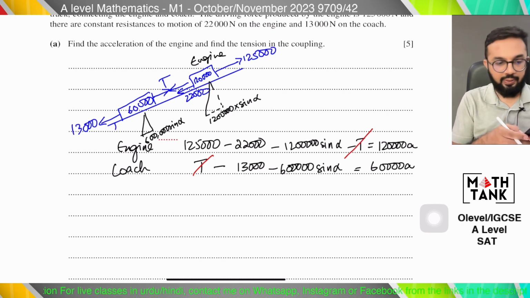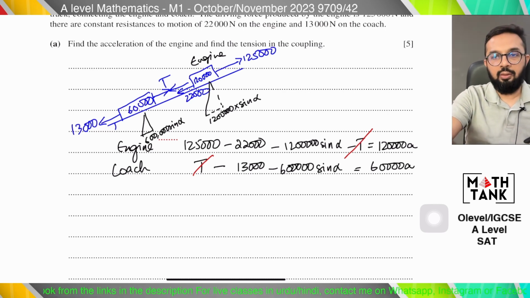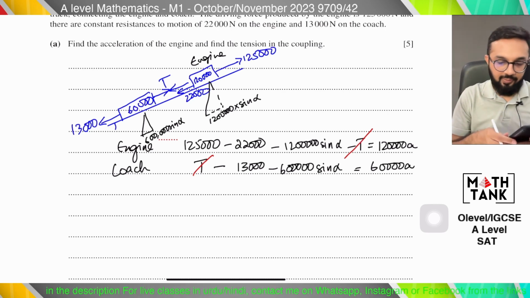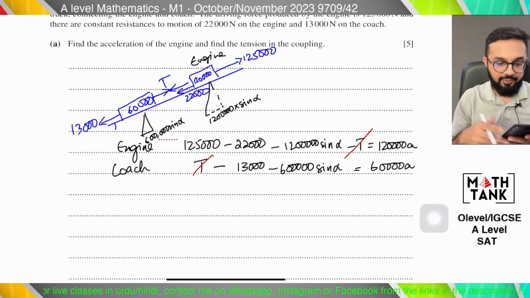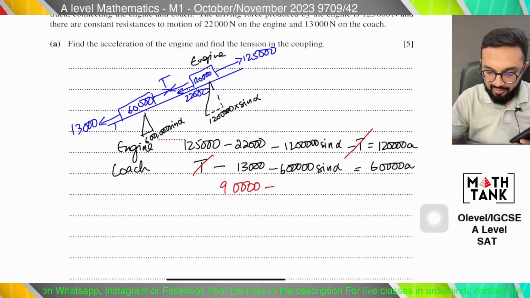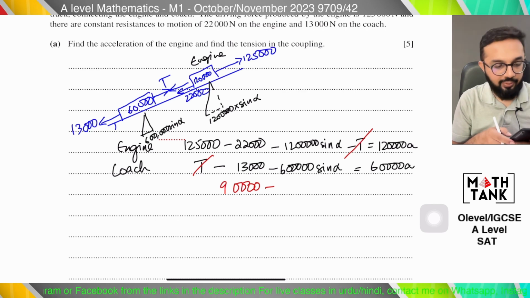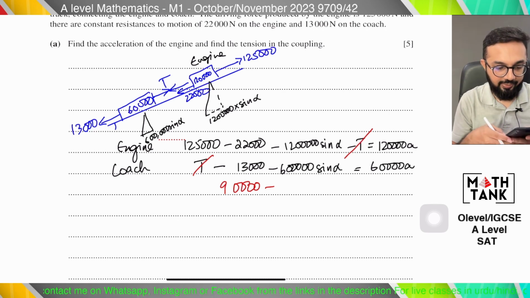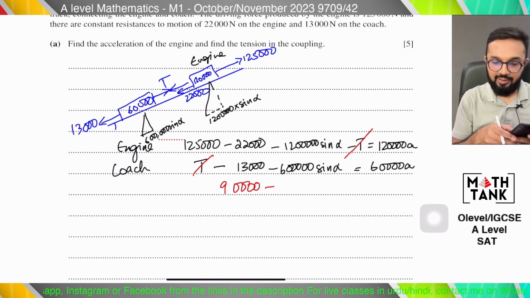I get 125,000 minus 22,000, so that's 90,000 minus 1,200,000 plus 600,000 sine alpha.